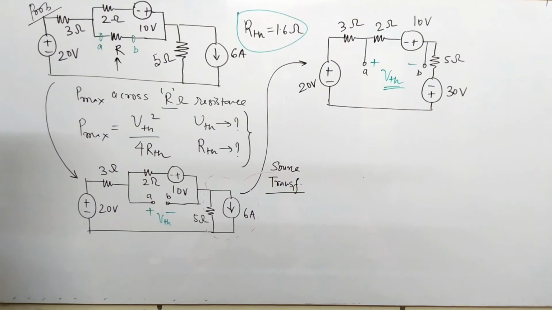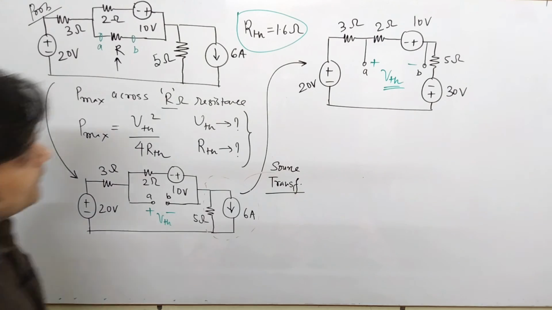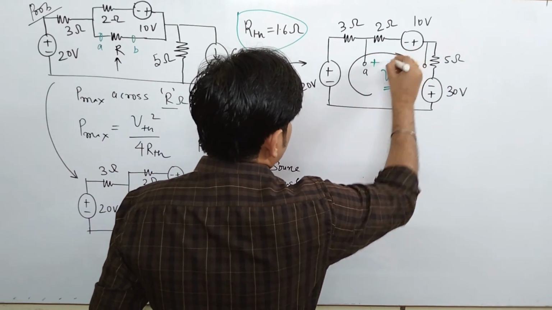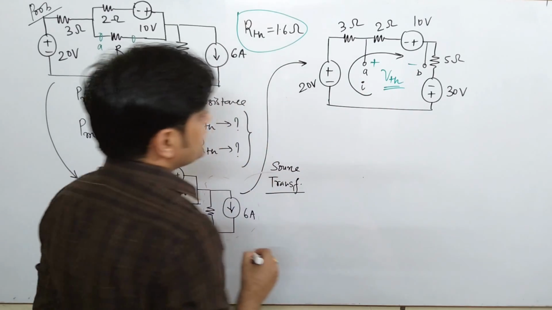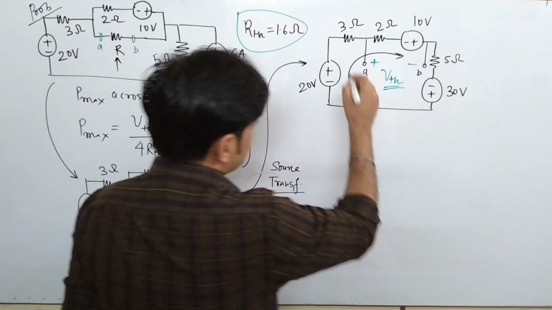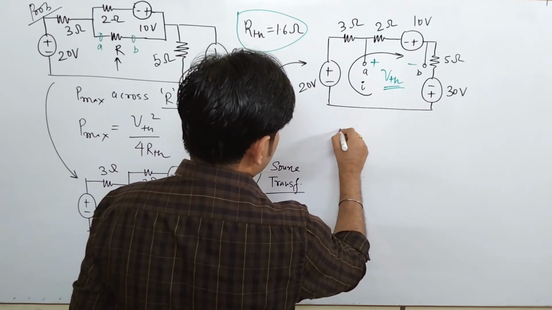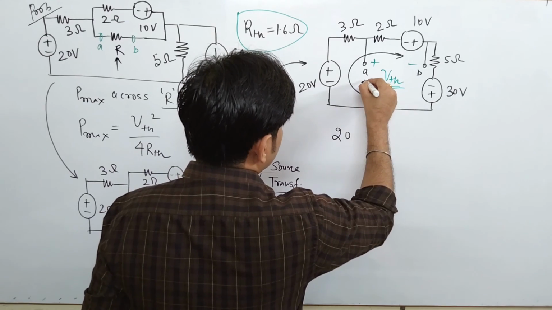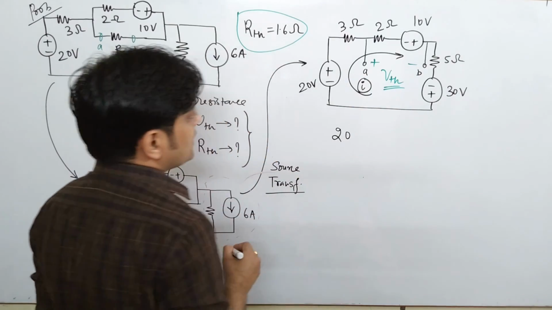Now how do we find the value of VTH? If I consider this current I here, one can easily find the value of VTH. I am just applying one KVL here, and we'll consider that some current I is flowing.